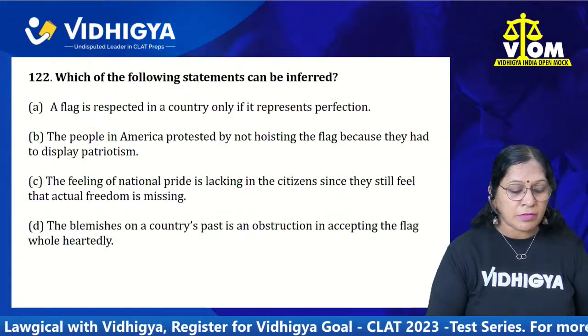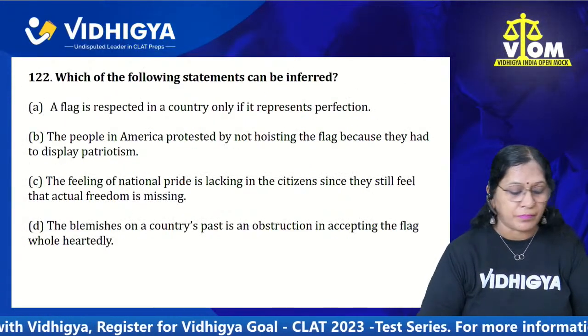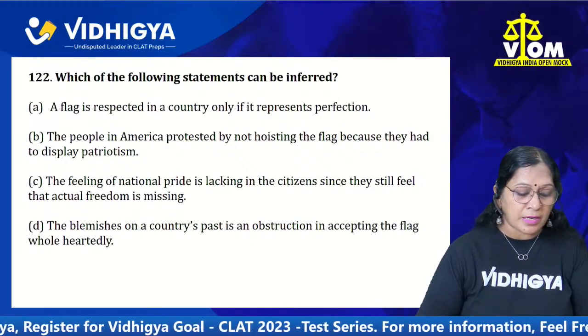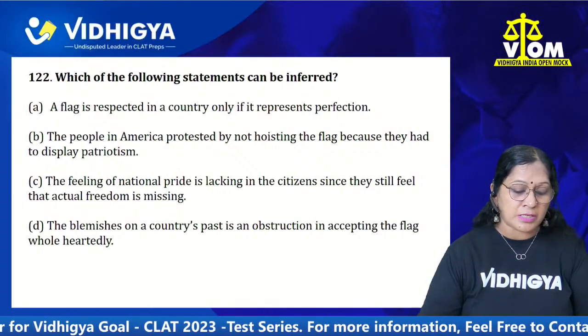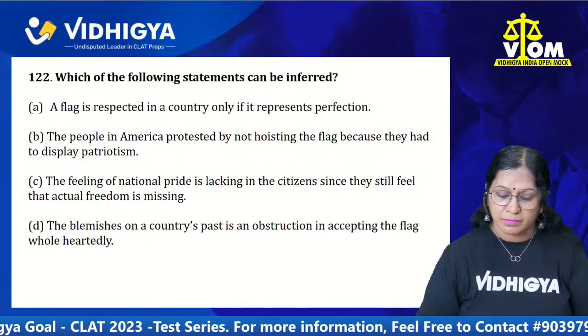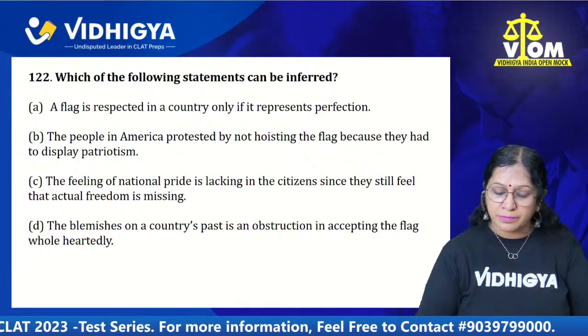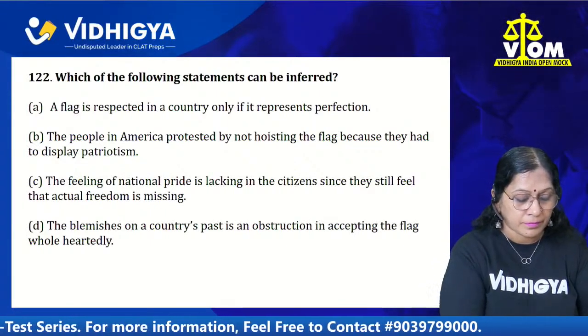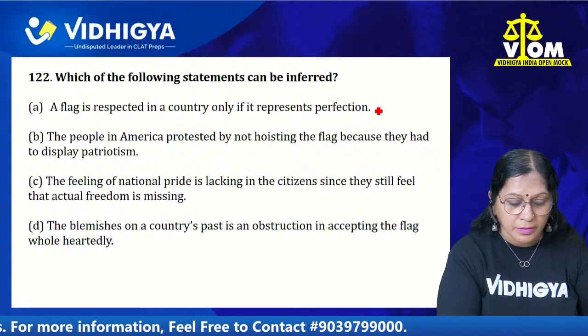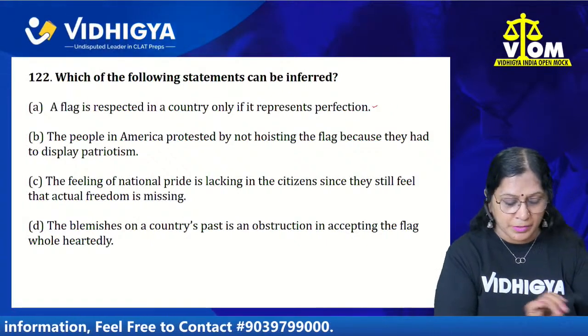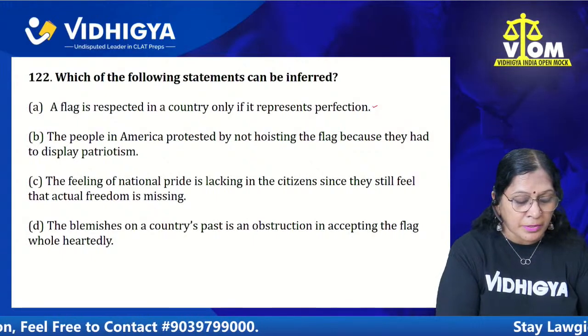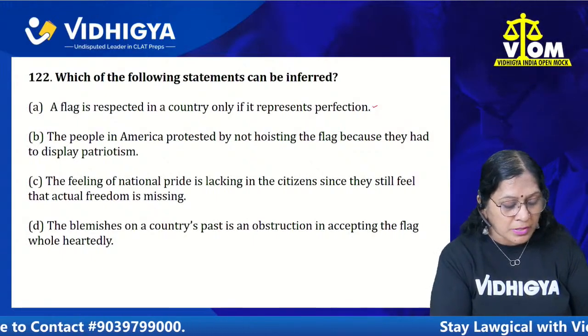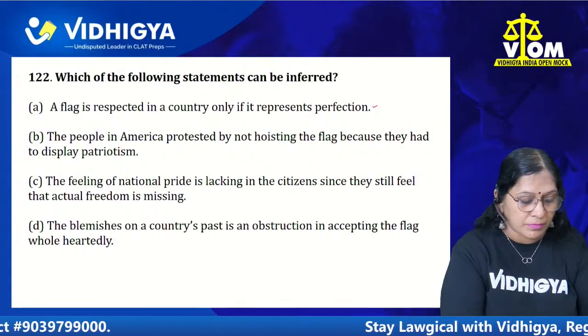Coming to the next, which of the following statements can be inferred? A: a flag is respected in a country only if it represents perfection. Possible? Possible. We'll keep this. B: the people in America protested by not hoisting the flag because they had to display patriotism.